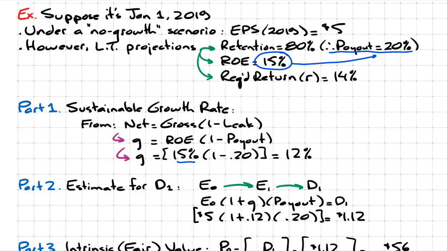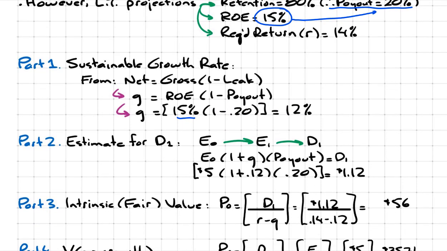The next thing we want to do is estimate D1, and the framework we use for that is as follows. Because we're starting with E0, that's earnings today, to get to D1, first we need to calculate E1, and then from E1 we can calculate D1. So what's the link between all these?